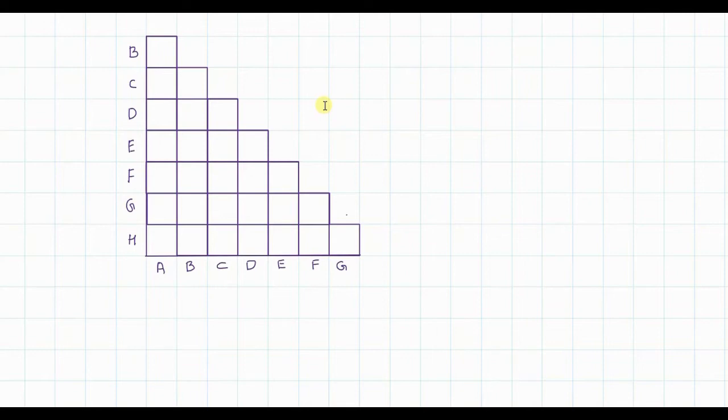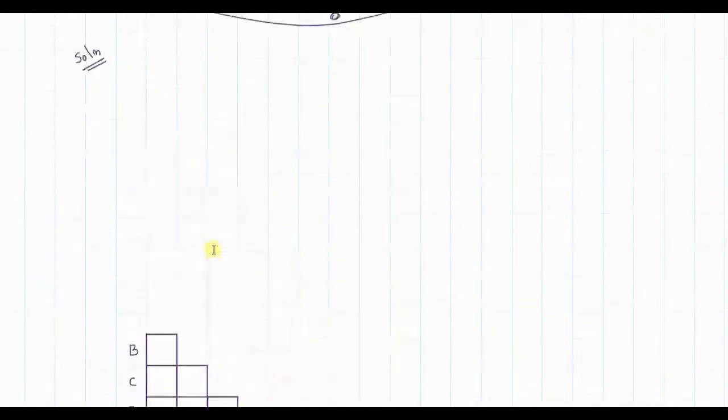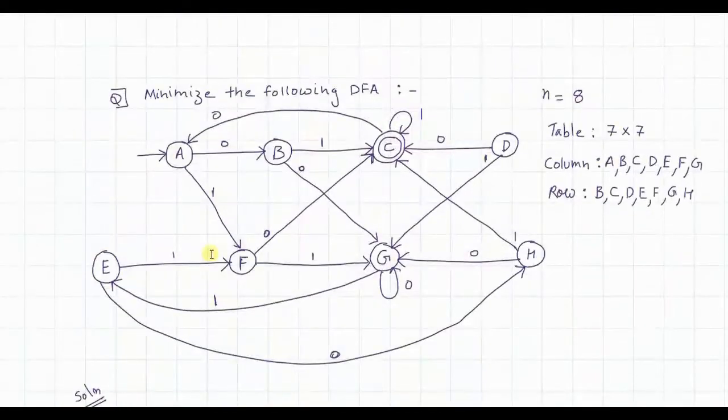Now, as an initial move, as per the base condition, the cells corresponding to a pair where one state is a final state and the other is a non-final state are marked with X. So in the diagram, which cells are marked as X? All those cells where one of the states, in the row or in the column, is a final state and the other is a non-final state.